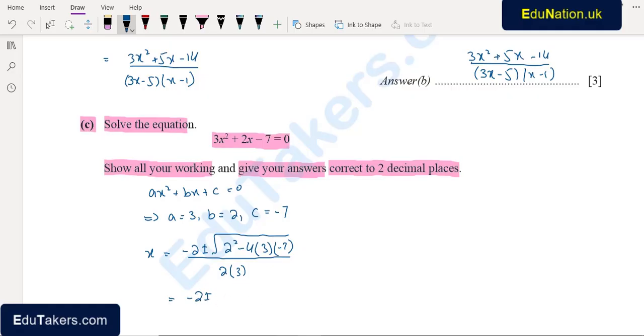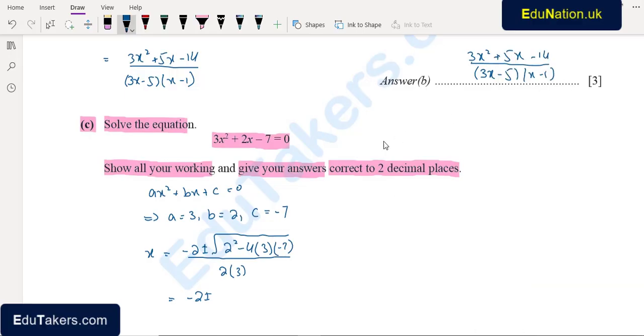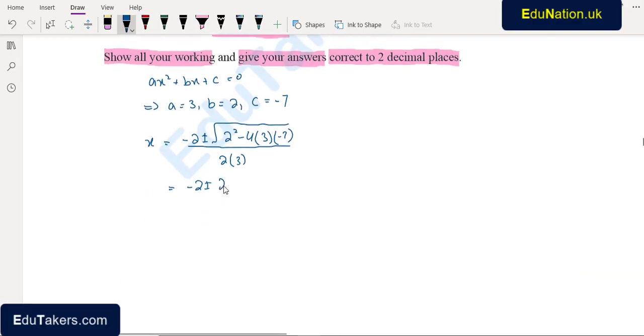Minus 2 plus minus, let's solve the square root, which is 2² − 4 times 3 times −7, so 2 times the square root of 22, over 2 times 3. Now this will be −1 ± the square root of 22 over 3.